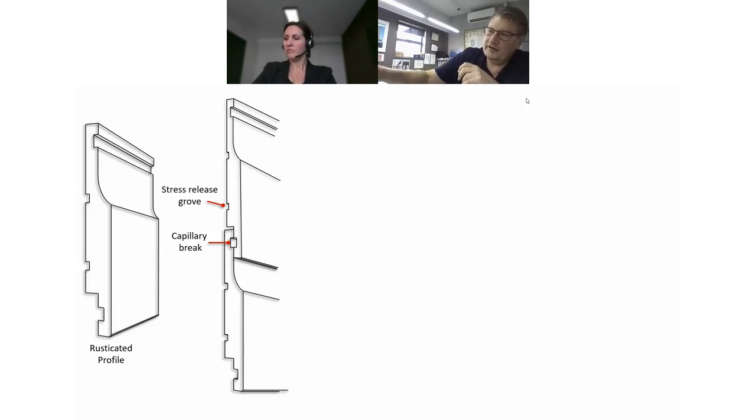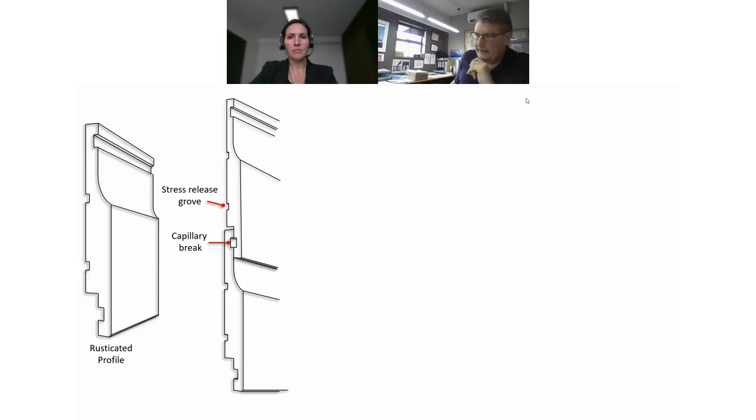Sometimes you see those little unusual grooves on the back of the board. They are what we call stress relief grooves, to help reduce the stress in the timber when it's moving. We're going to talk about the rusticated profile later in the session to show you some pros and cons with it.